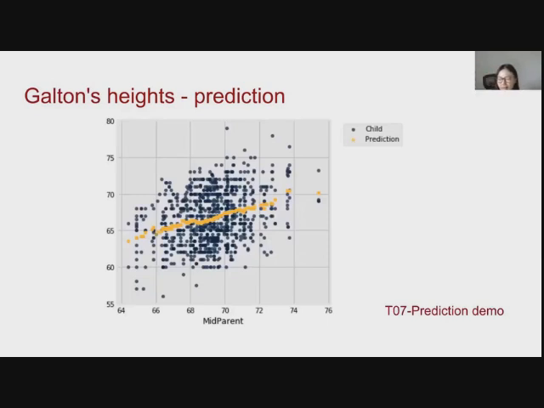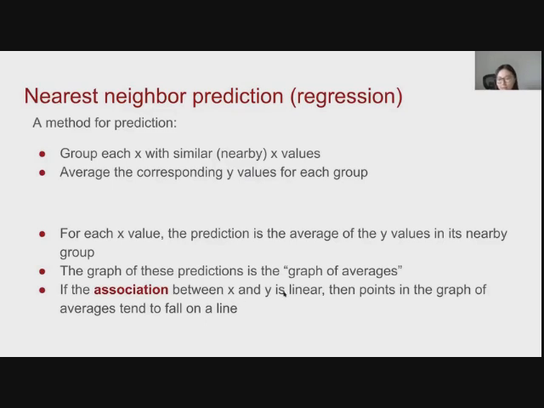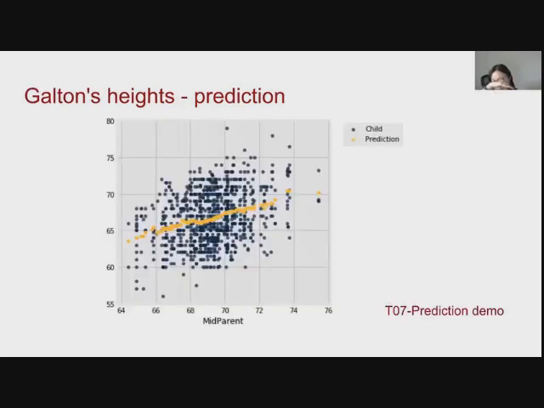The reason is that when x and y are highly correlated, meaning the absolute value of the correlation coefficient is very close to 1, the association between x and y is very linear. Then the points in the graph of averages tend to fall on a straight line, not exactly straight, but very close to it.